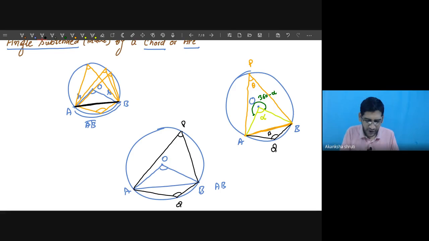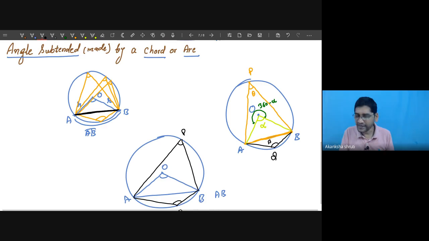But if the point is on the circumference, then it is not a sector, but still an angle is formed at the circumference. This point may be on the side of the major sector or major segment, basically, like this is our major segment, or maybe on the side of the minor segment.